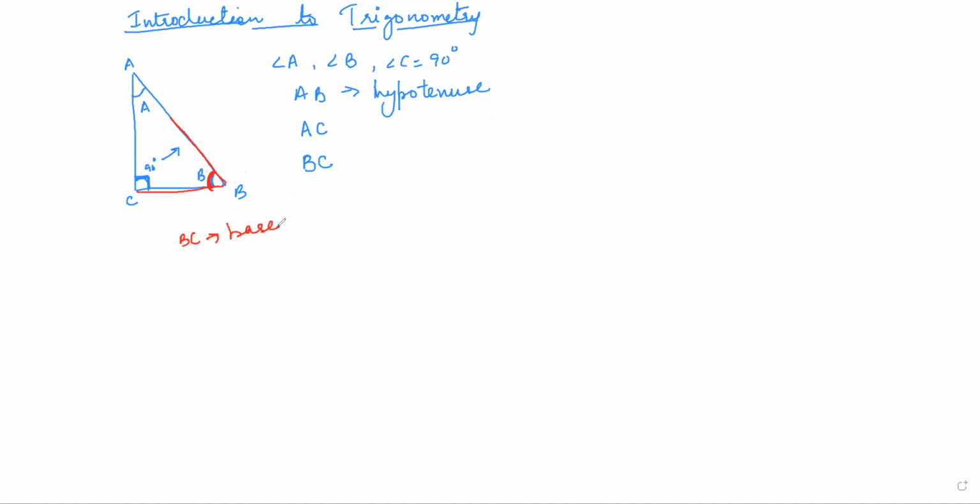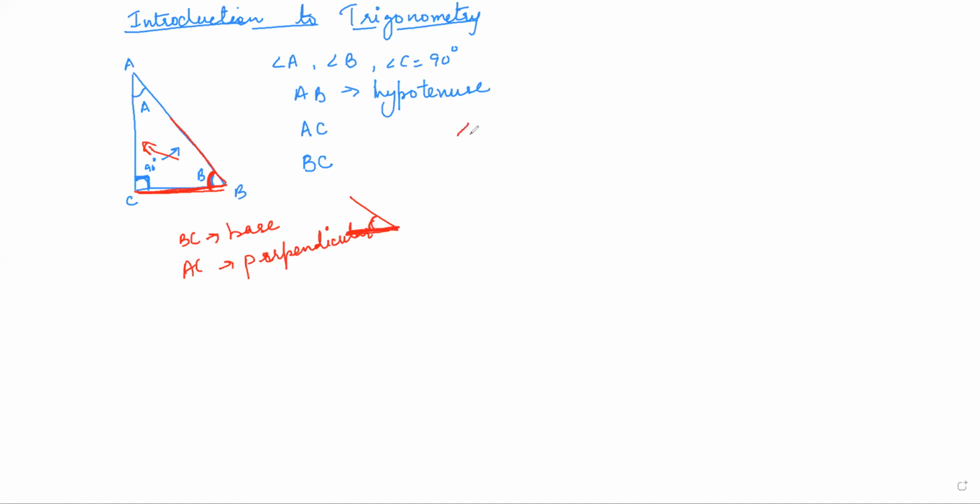Understood? BC will be the base because it is one of the legs of this angle. One of the legs is this BC and the other one is of course the hypotenuse. So BC will be the base, and the side which is opposite to it, that is AC, will be called the perpendicular. Is that okay? Yes, ma'am. Perpendicular.